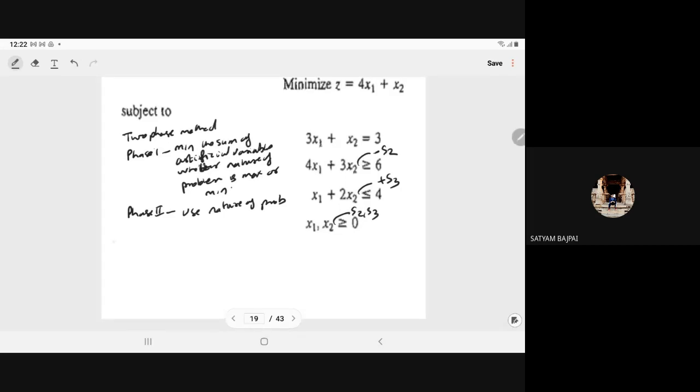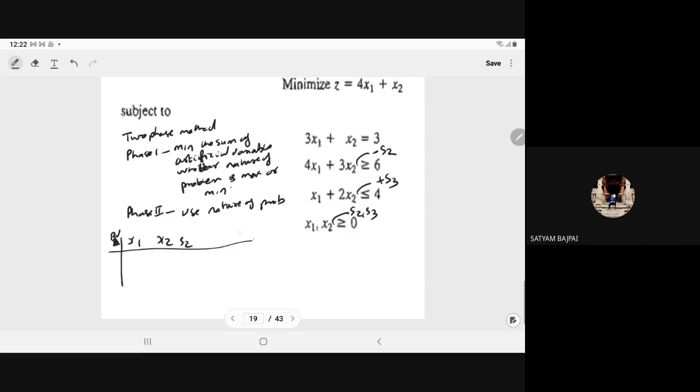Now, when we make the table, basic variable, so here we have x1, x2, s2, s3 and solution.